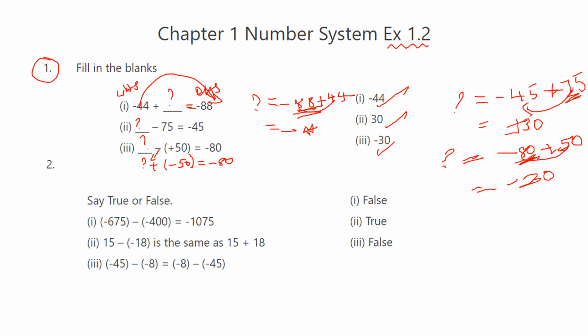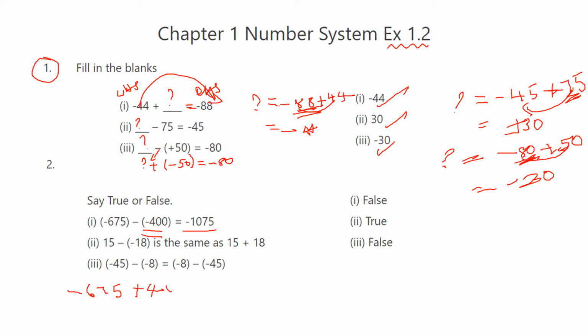Next one, say true or false. Minus 65 minus of minus 400 equal to minus 1075. So we will check it. Minus 675. First the minus you change and write a plus sign, and the additive inverse of minus 400 means opposite sign, plus 400.